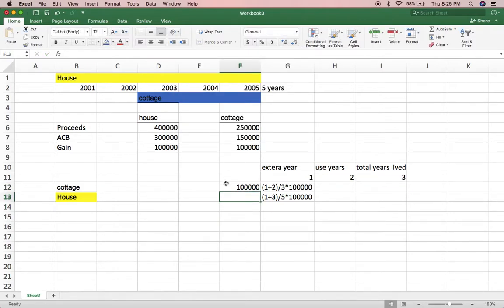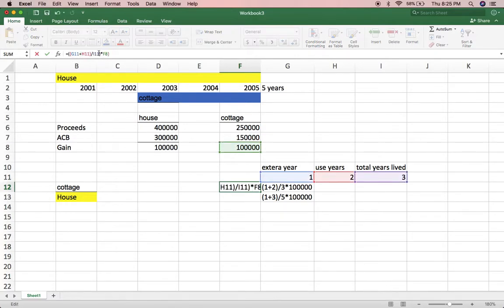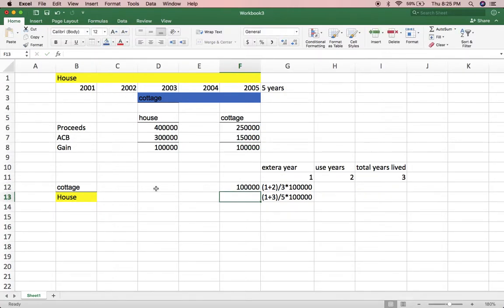What is the error? I did not close this bracket. Okay, so it's 100,000. That is the principal residence exemption for the cottage.